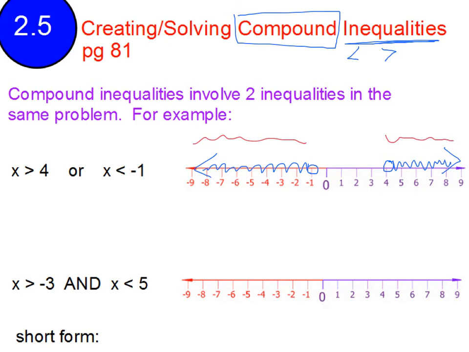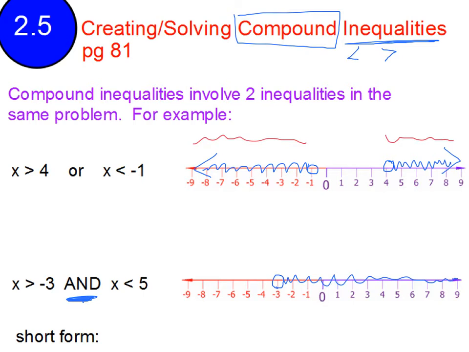All right, let's try one that has an and in it instead of an or. So I want all of the x's that are greater than -3. So that's an open circle at -3, and all of the x's that are greater than that. But at the same time, it's not just one or the other, it also has to be all the x's that are less than 5.